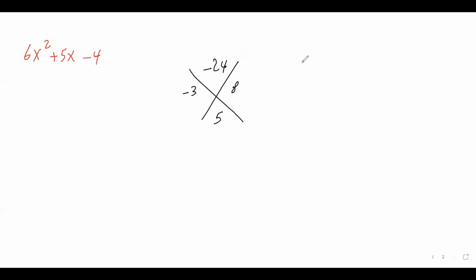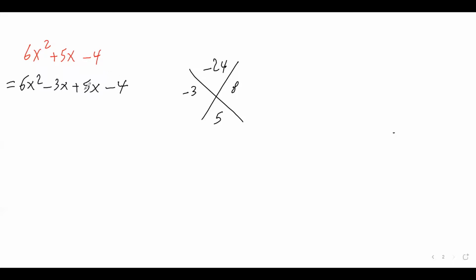Again, if you're not able to figure out those numbers, you can write down the factors of this 24 and then try those factors and you'll come up with those two numbers, okay? All right, next thing we need to do is to break down this middle term and rewrite it in terms of those two numbers. So I can say 6x squared minus 3x plus 8x, and I have a minus 4 as well.